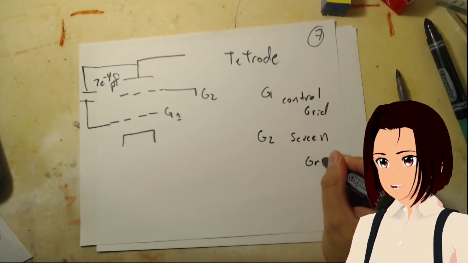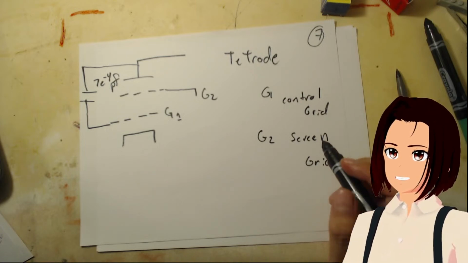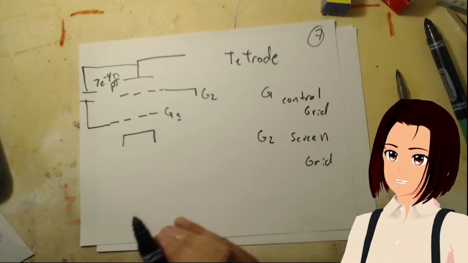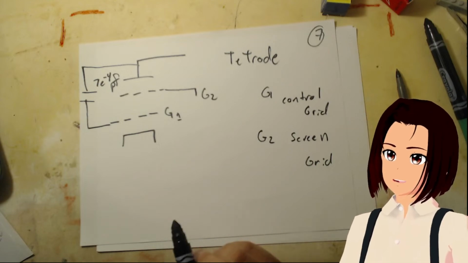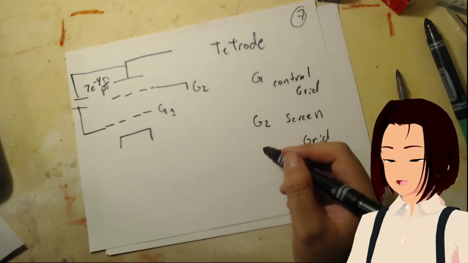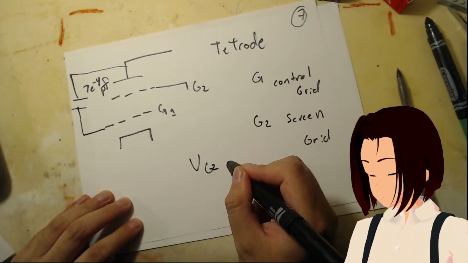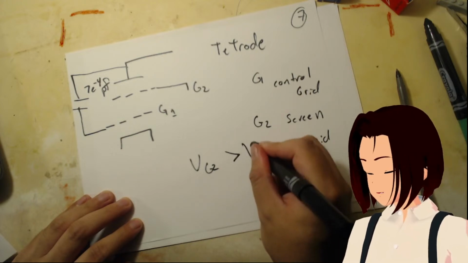G2 is charged positively, almost as positive as the plate voltage. G2 is slightly less than the plate voltage.